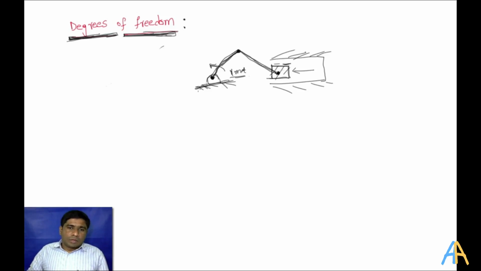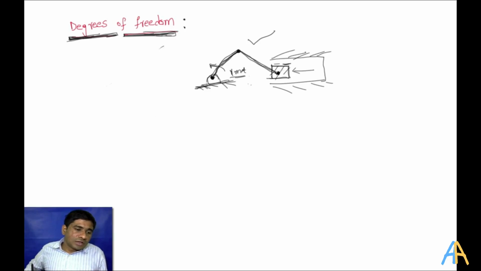So if you can find out the degrees of freedom of the individual links, and if you can formulate the relation between these different degrees of freedom of the different links when they are connected by hinge joints or some other joints, then that will automatically give the degrees of freedom of the entire mechanism.